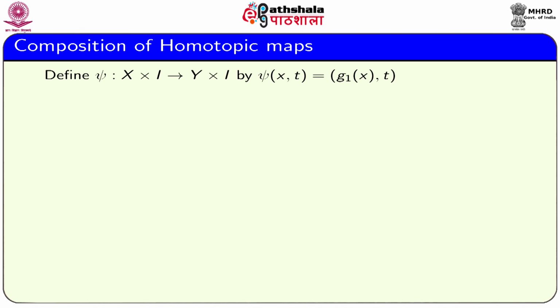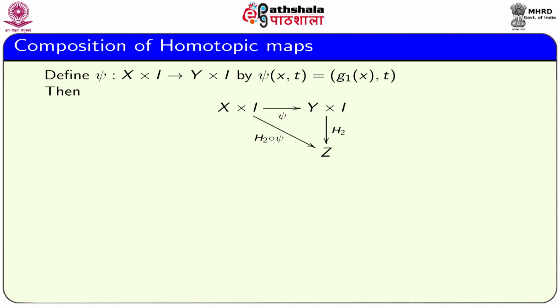Now we define the map psi from X cross I to Y cross I given by psi(x,t) is equal to (g1(x), t). Then we again have this commutative diagram that psi is a map from X cross I to Y cross I, which is continuous.